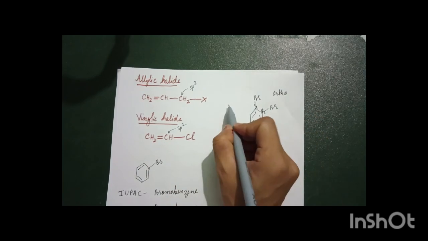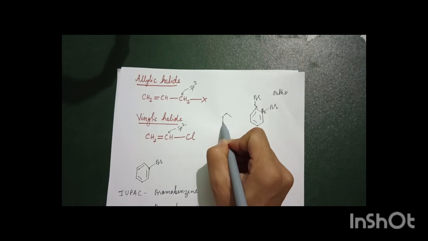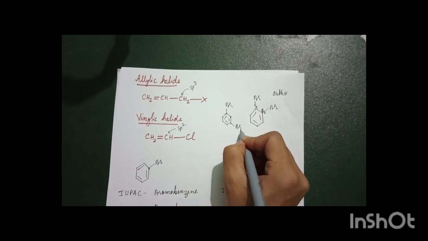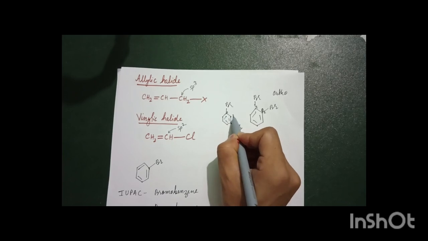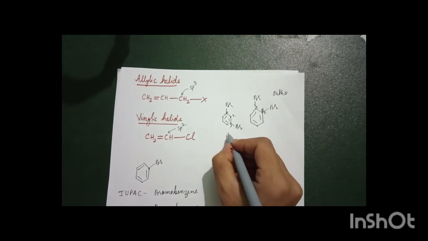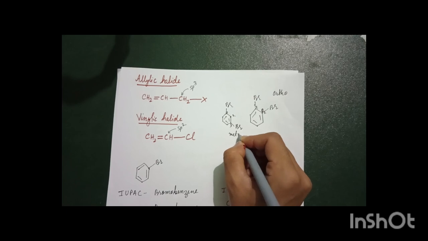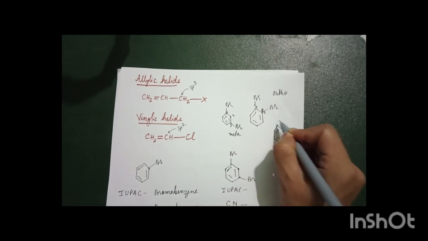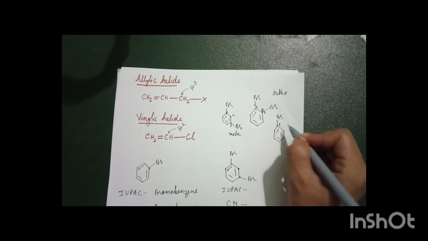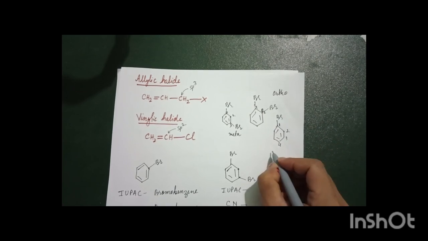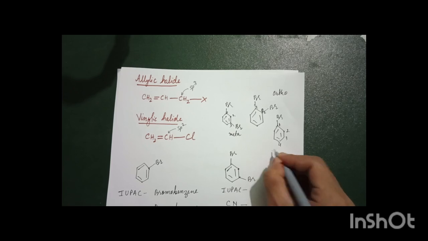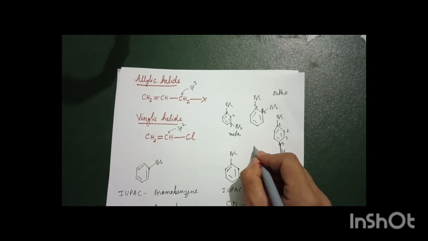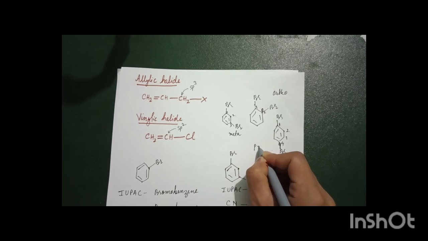Okay, I will take another compound here, Br and another Br here. So in which position is this? 1, 2, 3. So 1, 3 positions are always called meta. And if it is in the 1, 4 position, with respect to this, 1, 2, 3, 4, Br in the 4th position is called para.